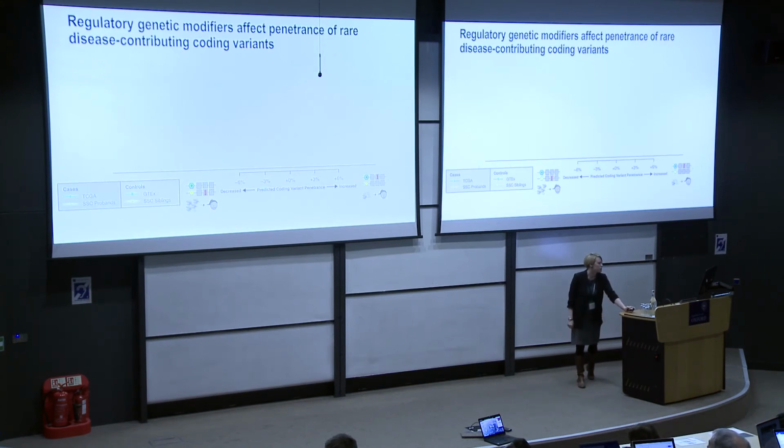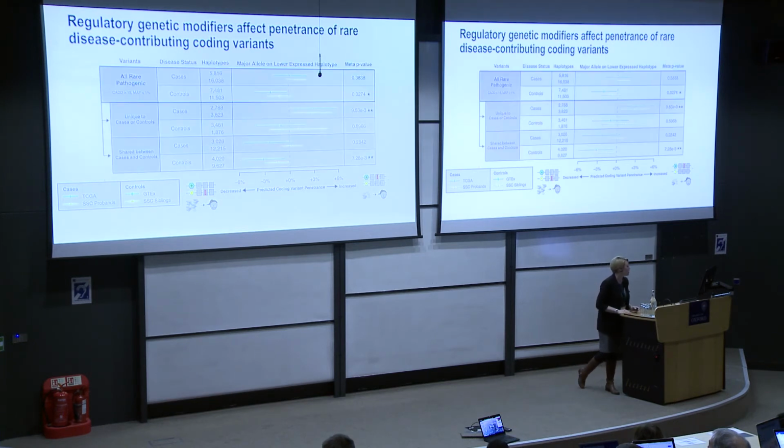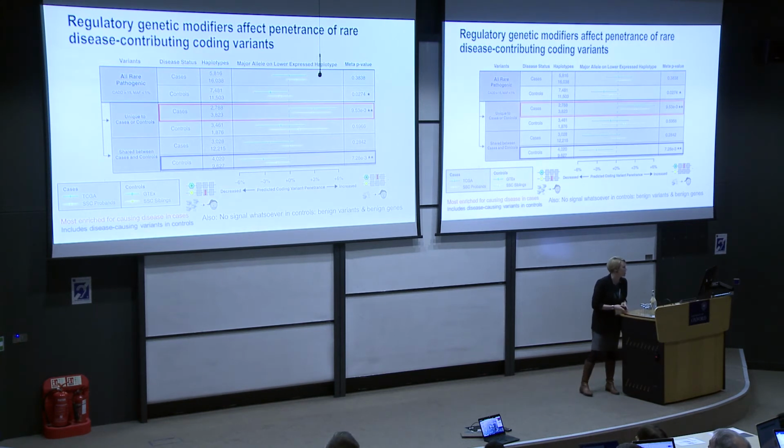Basically what we did was a comparison of these regulatory and coding haplotype patterns in these two cohorts, looking at what these patterns look like for cases and controls. There are a couple of different things going on here, but I want to draw your attention to these two lines that are the most significant and also the most relevant.